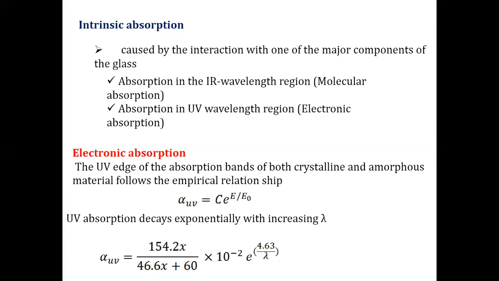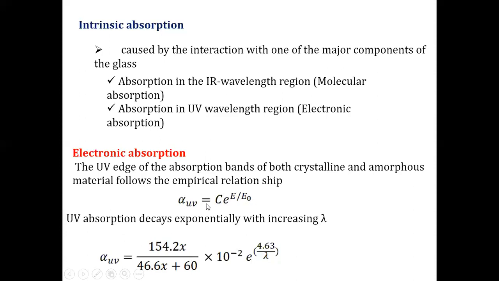The ultraviolet edge of the absorption band of both crystalline and amorphous material follows the empirical relationship alpha UV equals C times exponential of E divided by E naught. This equation is known as Urbach's rule.